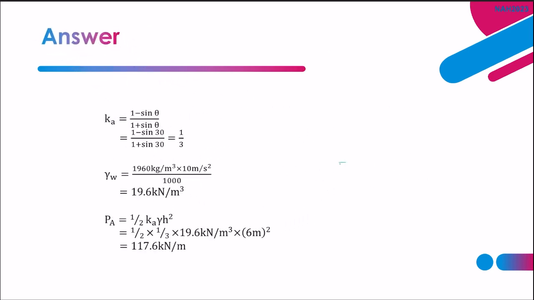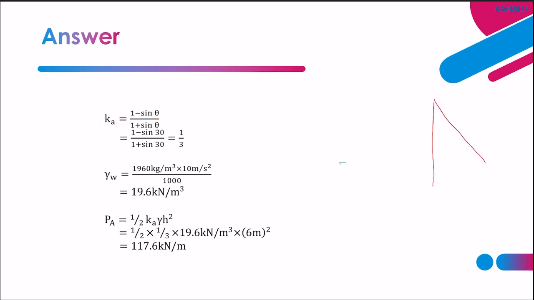Right, so how are we going to answer this? First, since we know this is the soil, meaning that there is a Ka there, and we already have the value of theta according to the question. So you can either use 1/3 or you can just calculate; kalau ada perpuluhan 0.33 pun betul, sama saja jawapan.